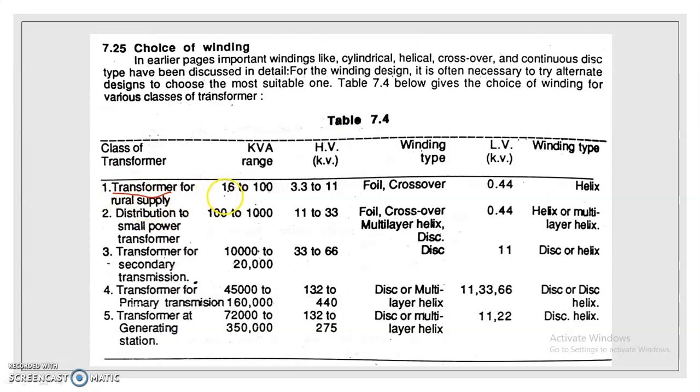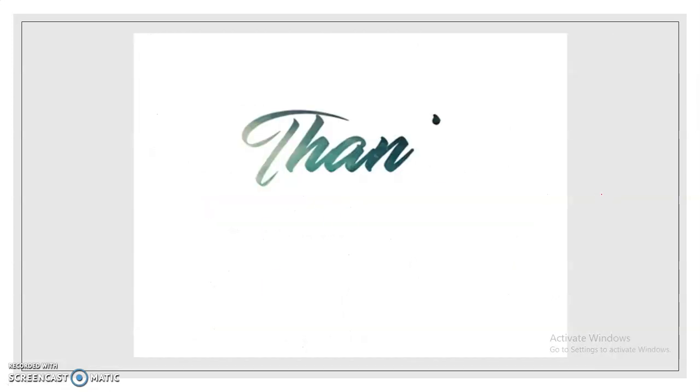For rural supply, normally the rating is 16 to 100 kVA, HV side voltage is 3.3 to 11 kV, and LV side is 440 volt, that is 0.44 kV. For that, you have to choose a foil type winding and crossover type winding for HV, and for LV you have to choose a helix type winding. It is an informative table to choose the winding type. Thank you for listening to me.